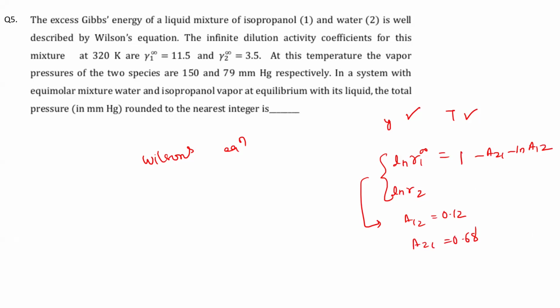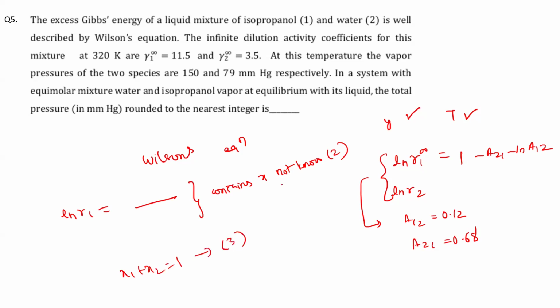So here also, later you will find ln gamma 1 is equal to some equations there, which contain x and gamma 2. So this contains x, which is not known. So these are two equations, and one more is x1 plus x2 is equal to 1. This is equation 1 and 2, equation 3.